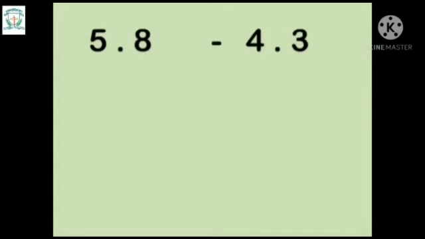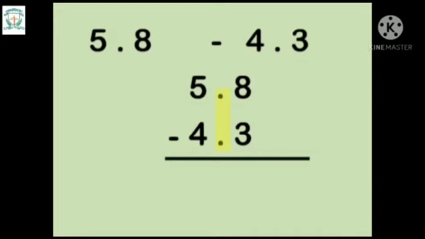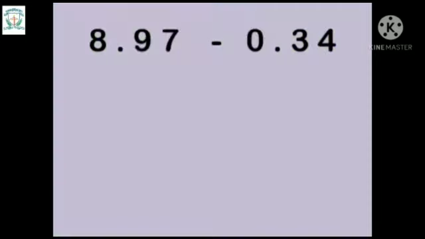Let us take an example. 5.8 minus 4.3. 8 minus 3 is equal to 5 and 5 minus 4 is equal to 1. Hence, 5.8 minus 4.3 is equal to 1.5. Let us take another example. 8.97 minus 0.34.